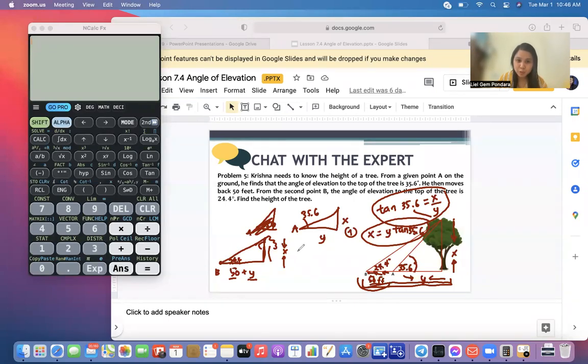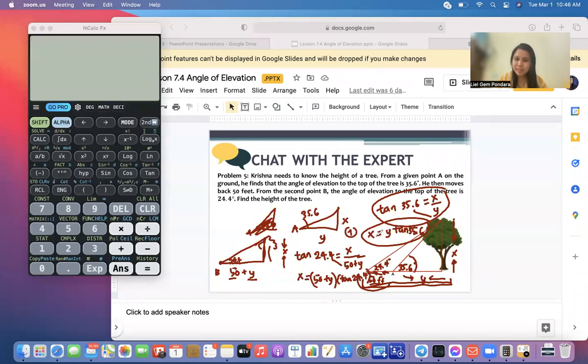Very good. So we have tangent 24.4 equals x over, opposite over adjacent, 50 plus y. We cross multiply them. So we have x equals 50 plus y times tangent 24.4.